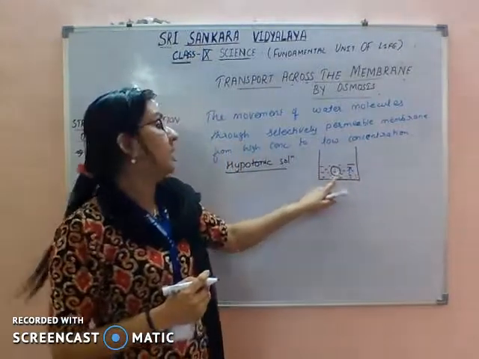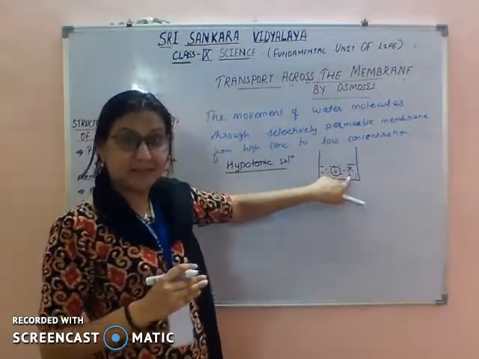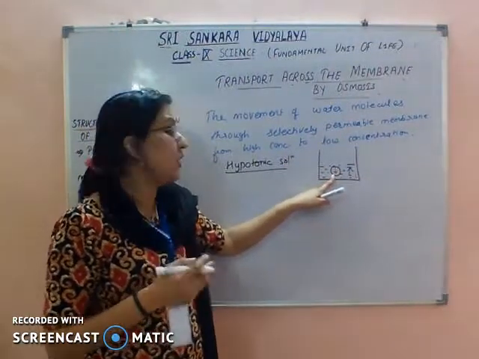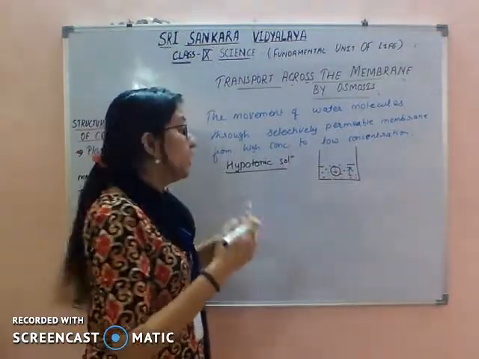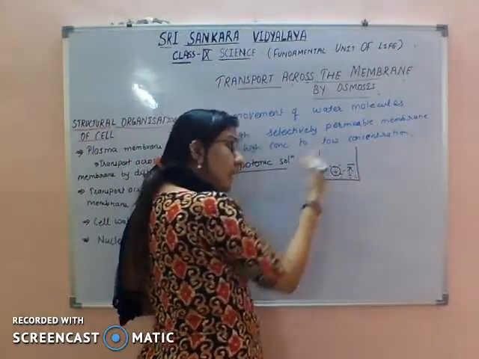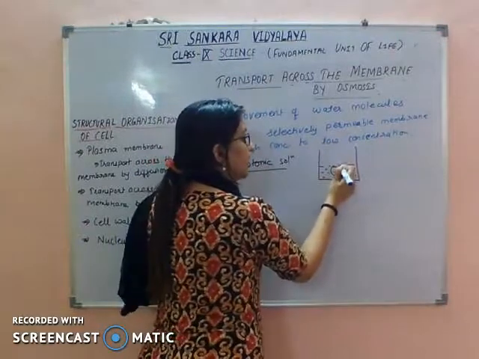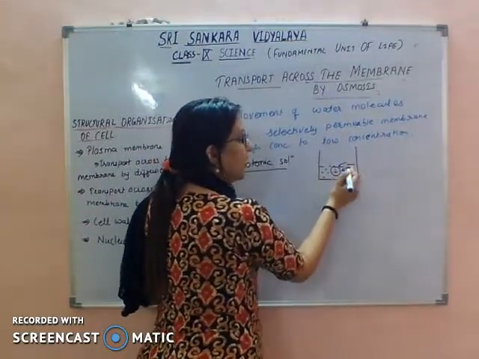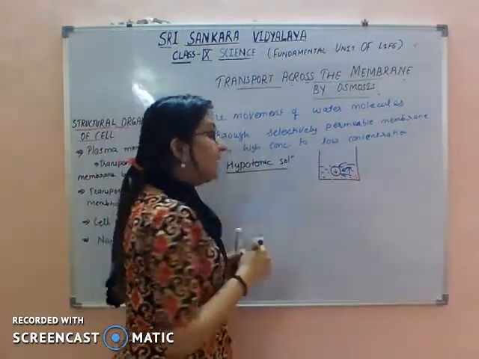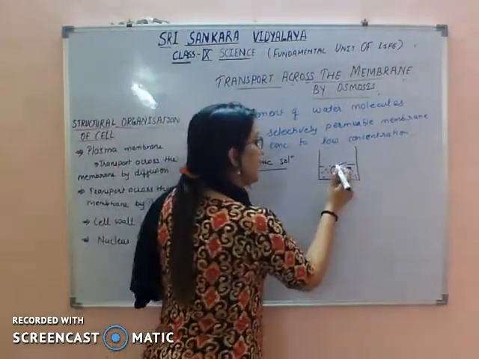So the water content is more in the external medium and low in the internal content of the cell. The cell tends to gain water, so water starts moving inside the cell, and as a result the cell will swell up.